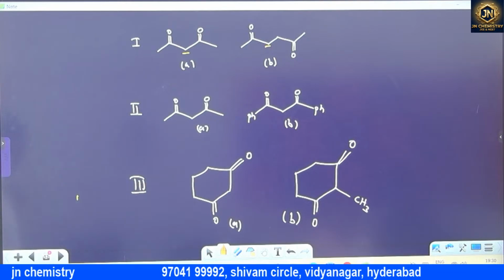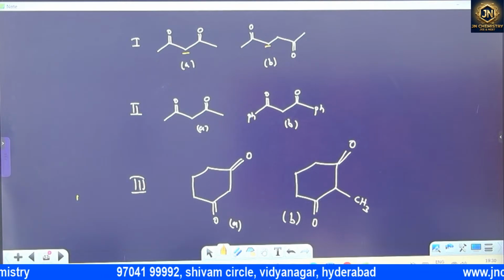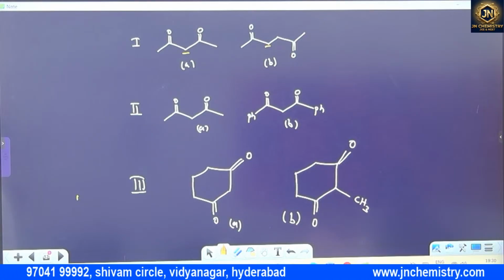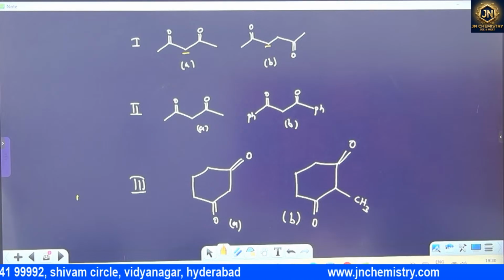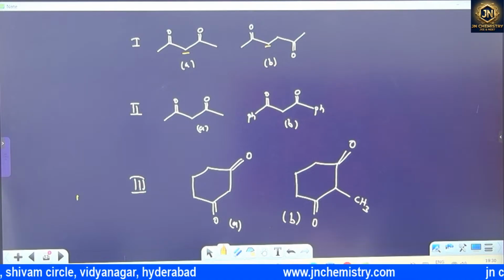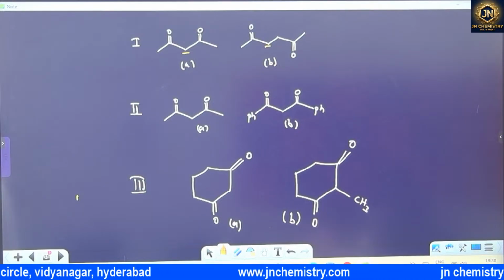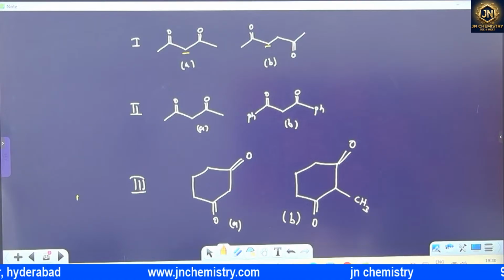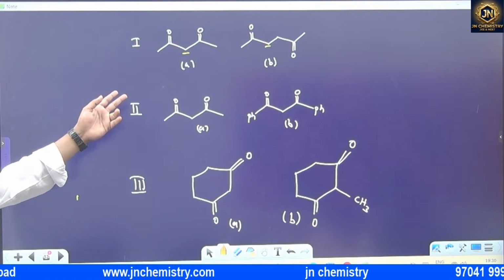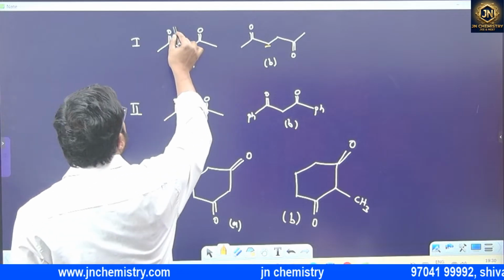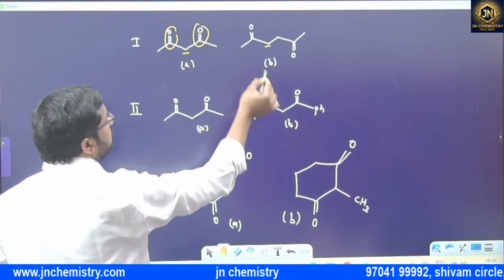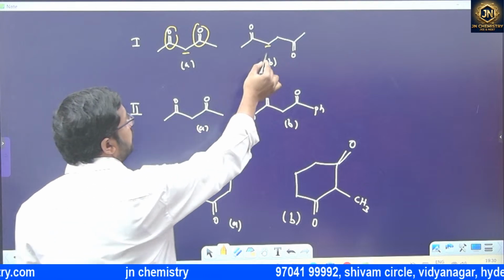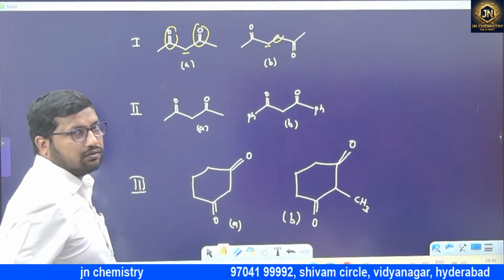What is the answer? Carbanion stability, right? C double bond O is which group? Withdrawing groups, right? Here one methyl group is there. Then afterwards this one.